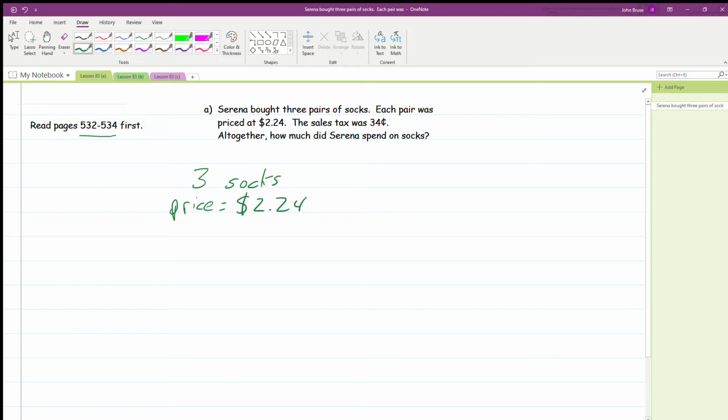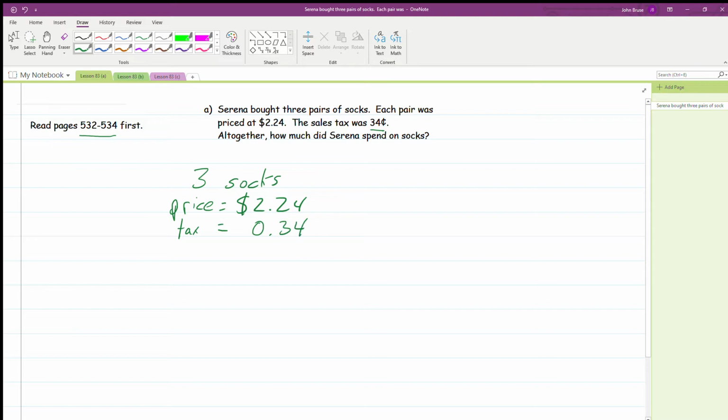The sales tax was 34 cents. So tax was, and I'm going to switch this to dollar format from the 34 cents that's in the problem, so I don't make any mistakes. I'm going to write 34 cents like the dollar above it.